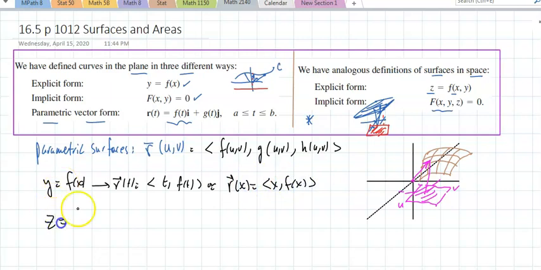And now if we have z equal f of x, y, well, I could say r of u and v would be u, v, and f of u, v.